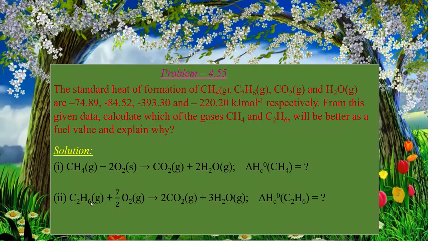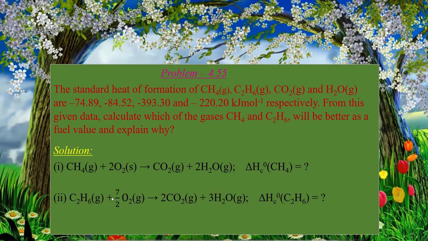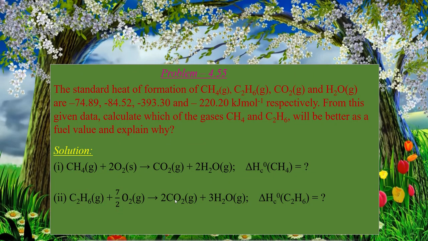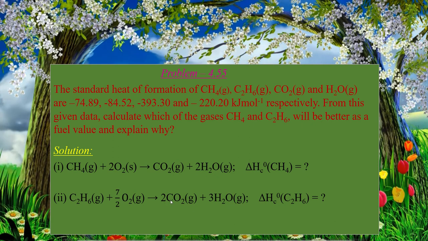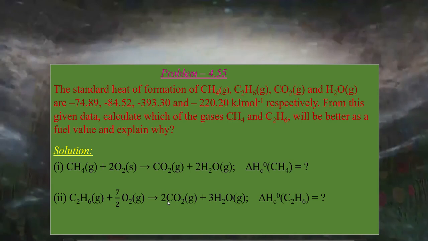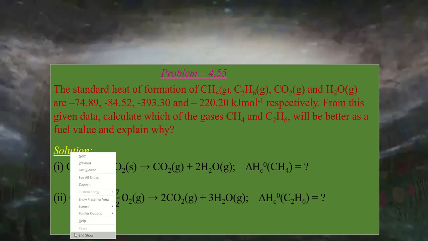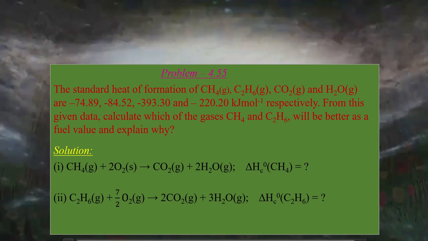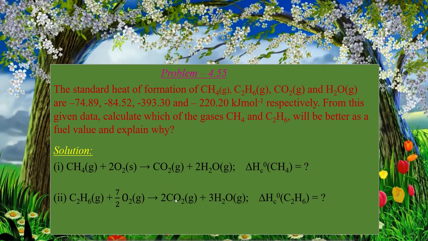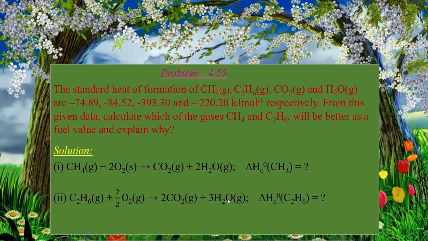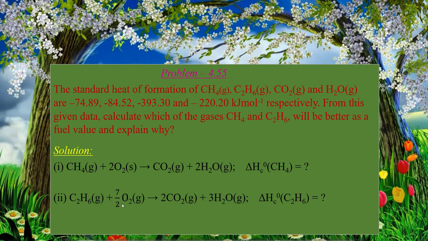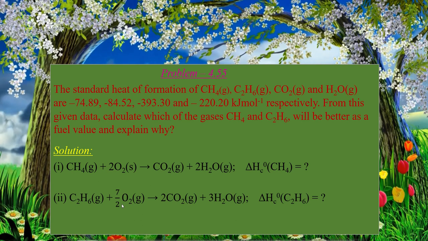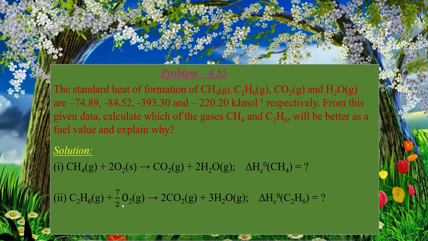So water, H2O, will be 3 mole. After balancing these products, carbon dioxide and water, now you will count the number of oxygen. Here there are 4 oxygen and here 3, total 7 oxygen. Oxygen O2, so oxygen will be 7/2. In this way, you will balance the other reaction also.